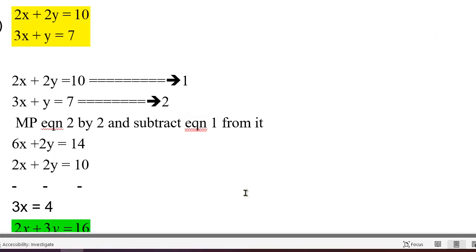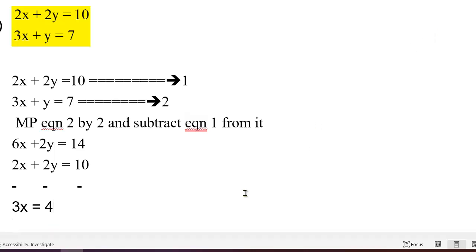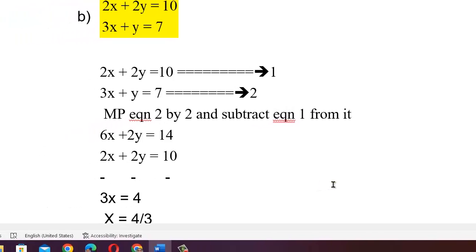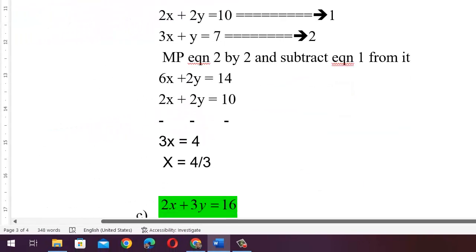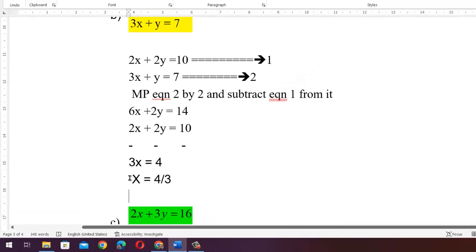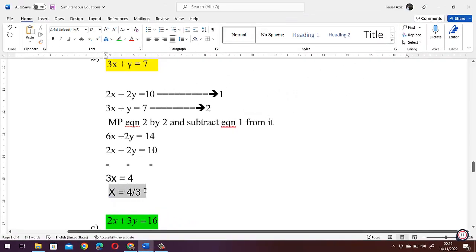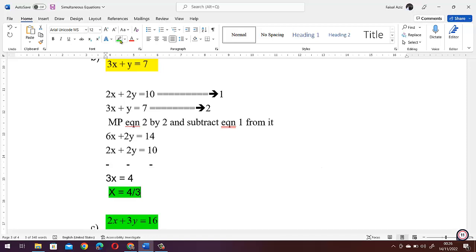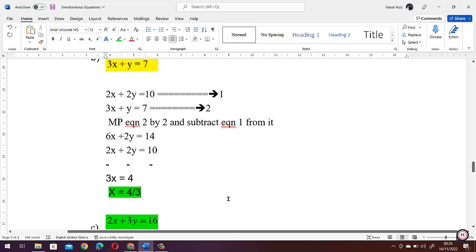It will give us 4, and the value of x will be equal to 4 divided by 3, and we can solve it further, but we can keep this value up to here only. It will be 1.3 something. So this is our value of x, 4 upon 3.